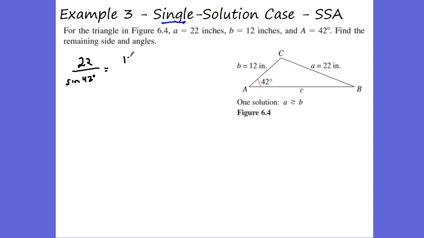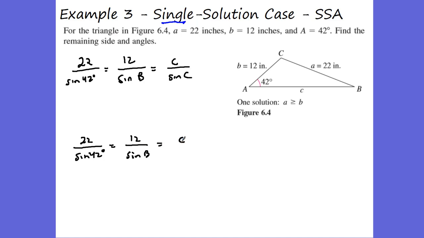Side b is 12 over sine of B, and then I have c over sine of C. That's locked in stone. And so we have the ability to possibly have one triangle, maybe two triangles, maybe no triangles. In this case, this is going to be a one triangle case, but I'll show you why this is not a two triangle case.